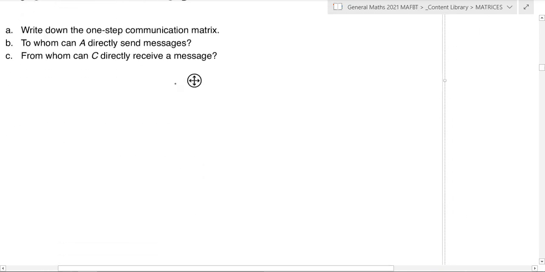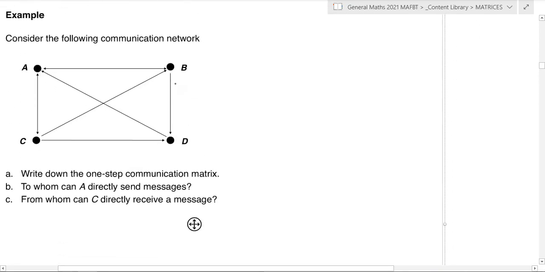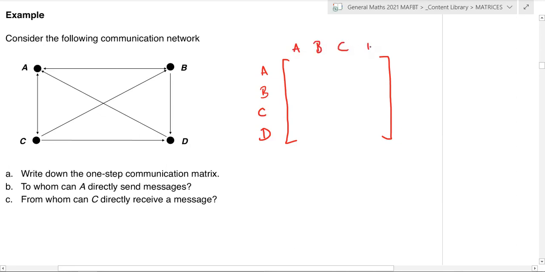All right. So let's do a one-step communication matrix for this. Same thing with the previous ones. Remember, this is 4 vertices. So you're going to have a 4x4. Okay, remember it's from to. So A, B, C, D, A, B, C, D. Let's put the elements in.